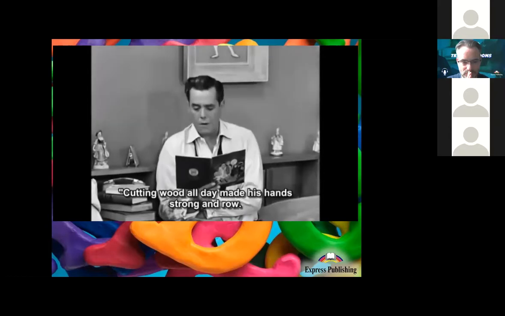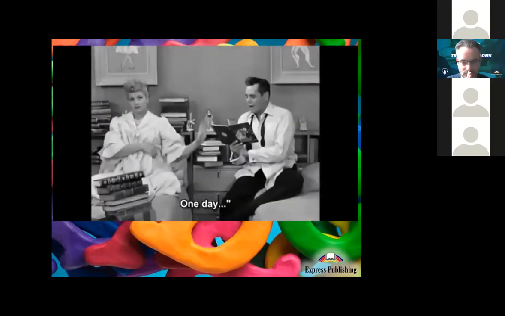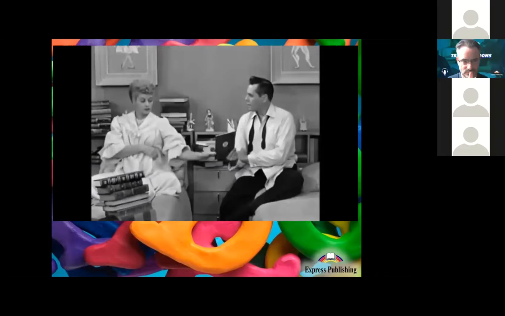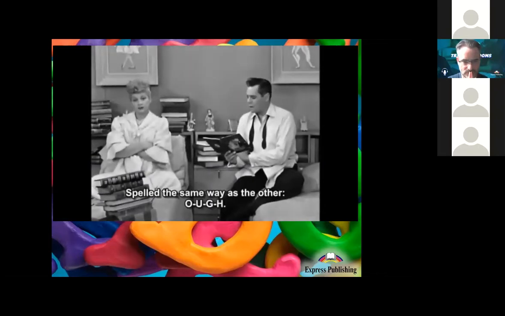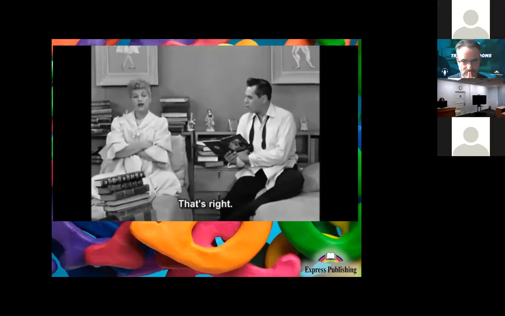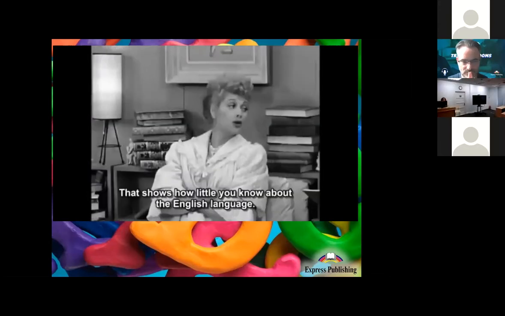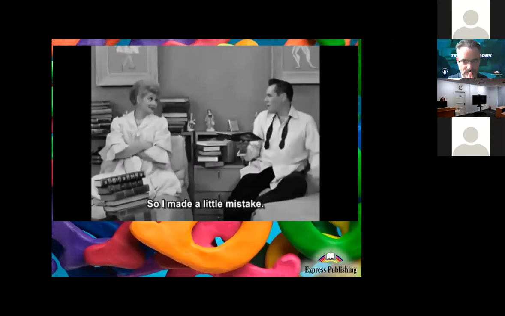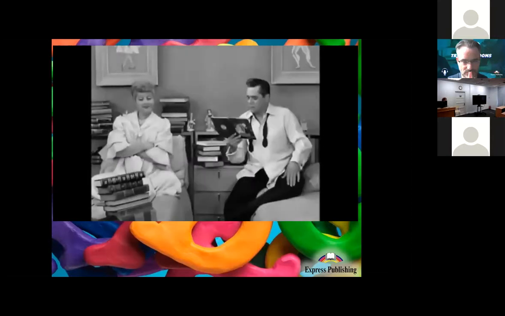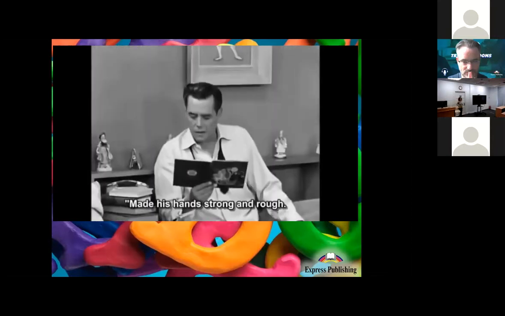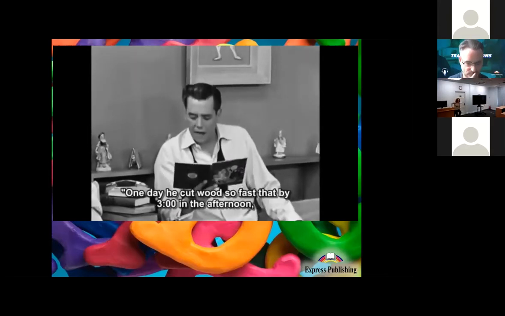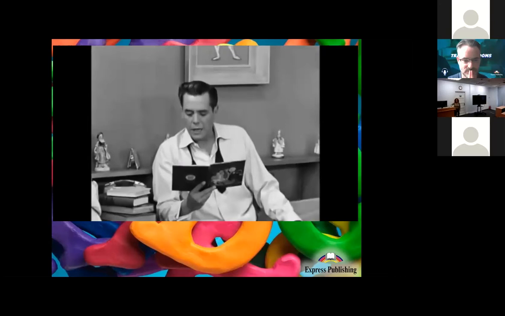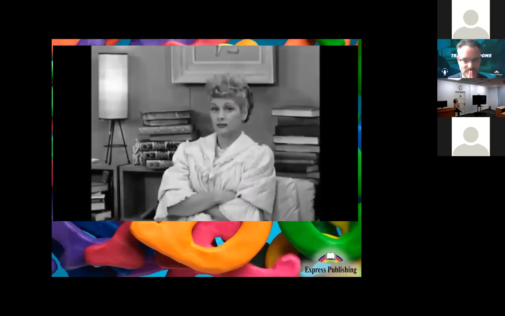Cutting wood all day made his hands strong and raw. One day... That's rough. Spelled the same way as the other. O-U-G-H. That's right. That shows how little you know about the English language. So I made a little mistake. Made his hands strong and rough. One day he cut wood so fast that by 3 o'clock in the afternoon, his day's work was through.